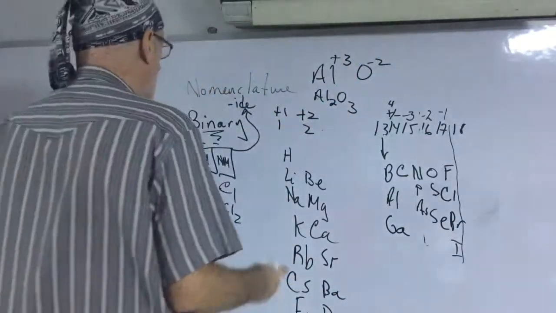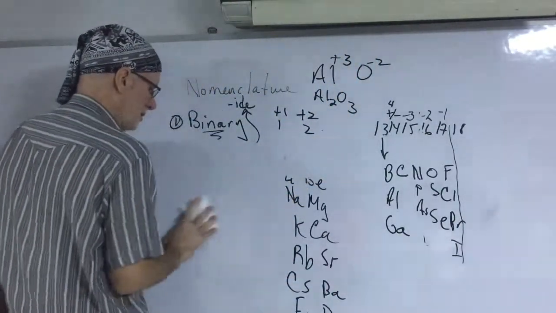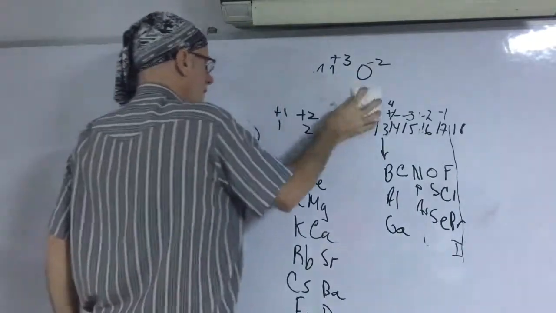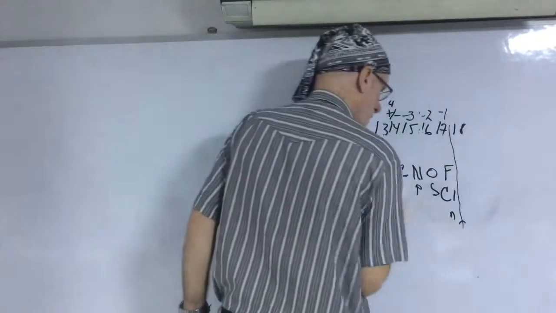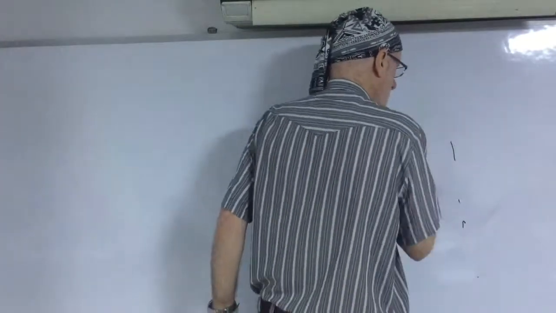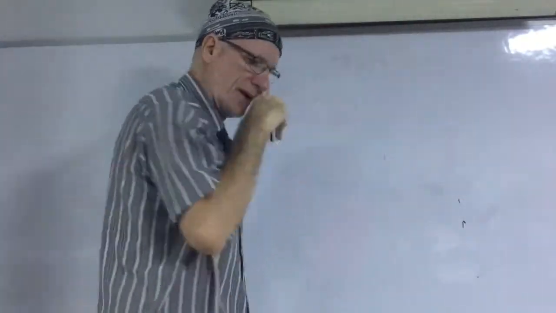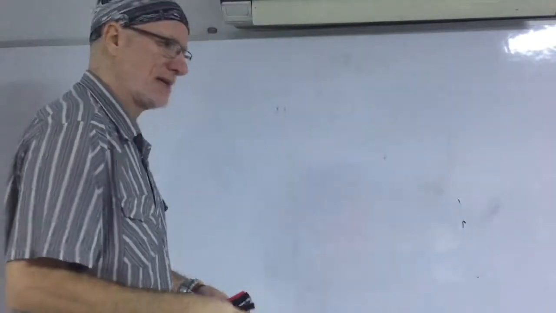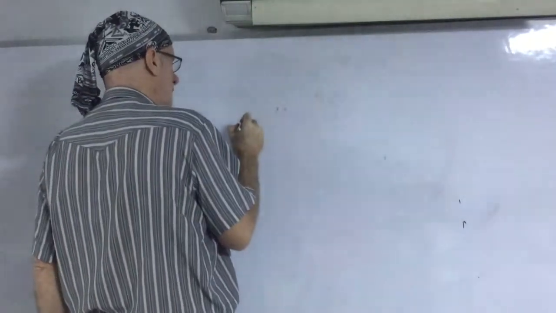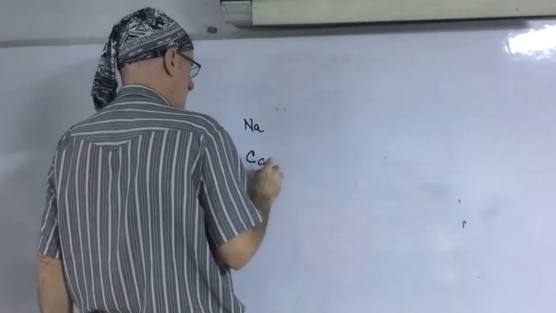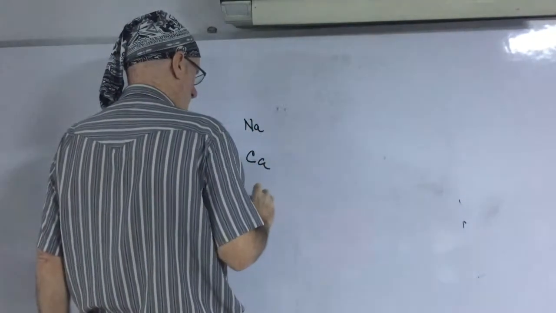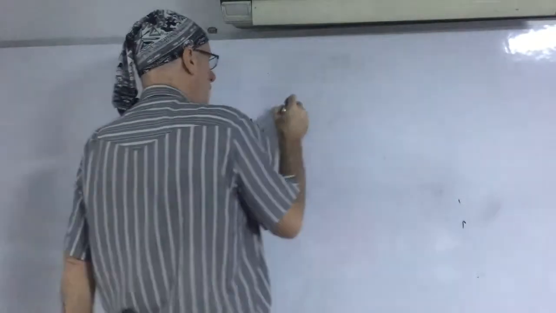Now, let's do a quick exercise. You see why it's a good idea to know parts of the periodic table? Simple parts just makes life a lot easier. All right, let's put a few things down here. You're going to have to put the charges in. And we'll put some up here.